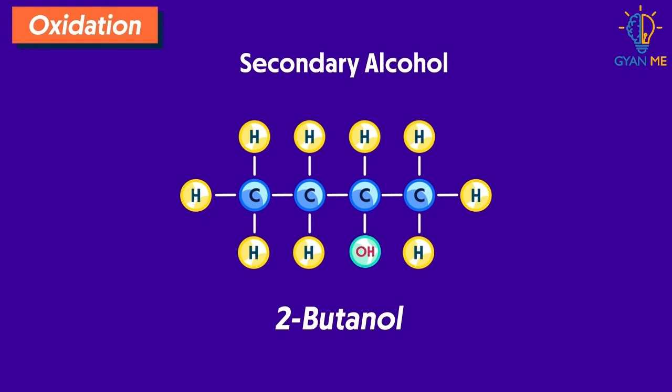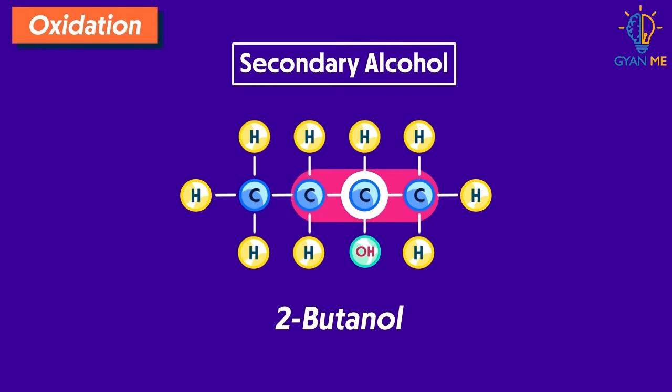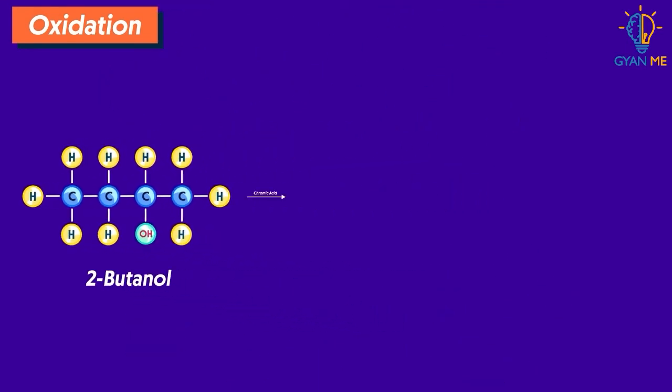Observe that in 2-butanol, the alcohol functional group is attached to the second carbon in the chain, and this second carbon is attached to 2 other carbons on either side, and thus it is a secondary carbon, and this makes 2-butanol a secondary alcohol.